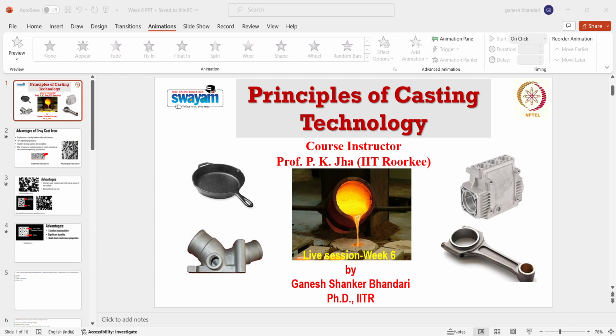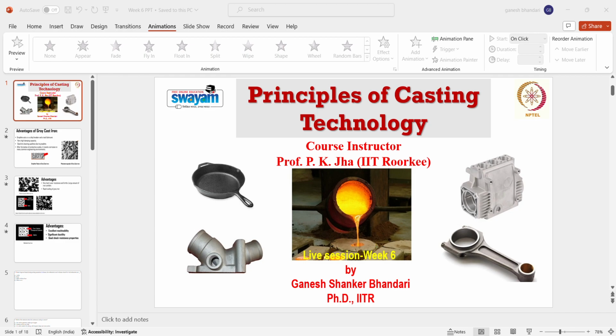How are we going to get these nodules of graphite in the structure? Because we are talking about flake formation of graphite, or it converting into iron carbide. For making these spherical carbon nodules, we have to add some alloying elements in the structure of that cast iron.